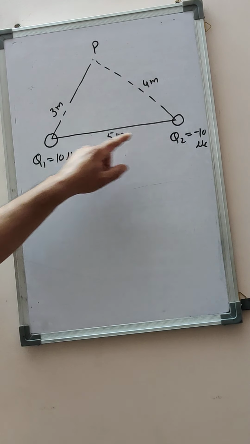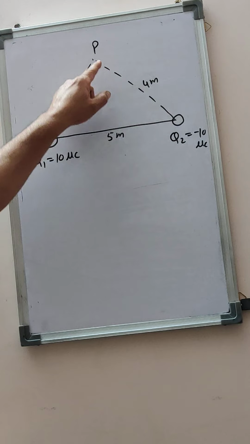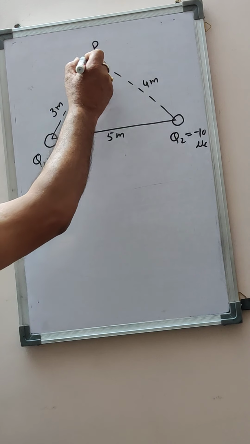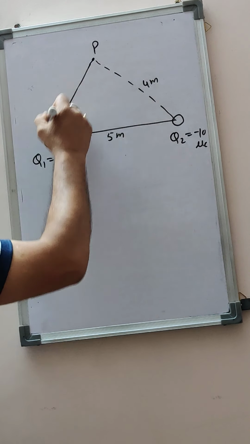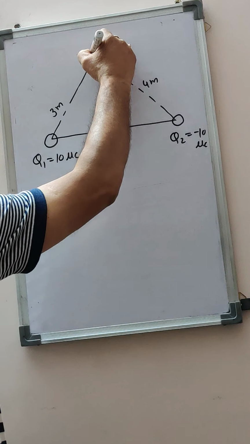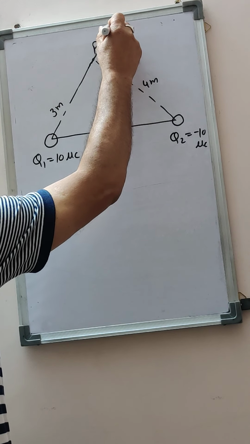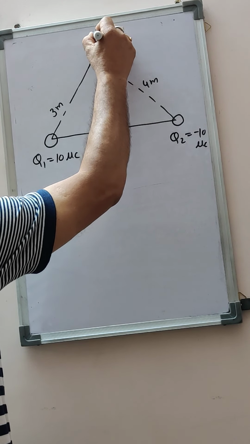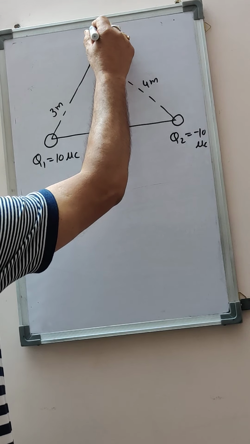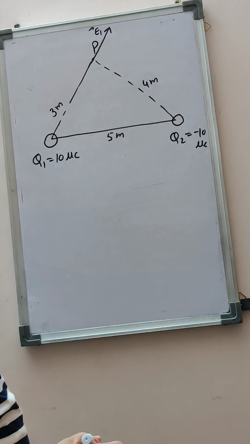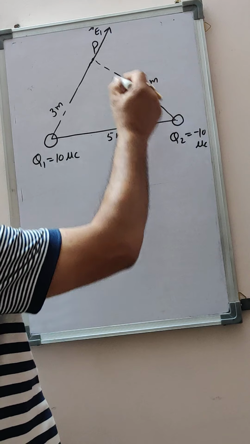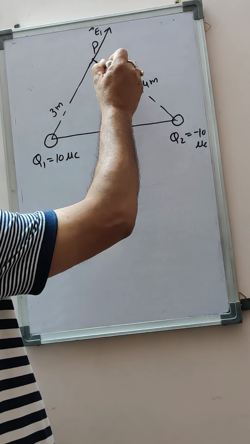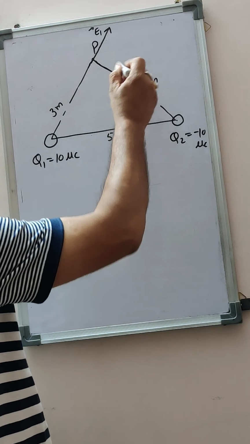Q1 10, Q2 minus 10 microcoulomb. At P you have to find the field. Again same way. First charge will produce field, and due to positive, field is away from the charge. So E1 in this direction. And this is negative, so it will produce field towards it, E2.